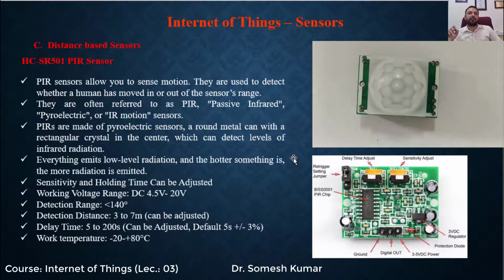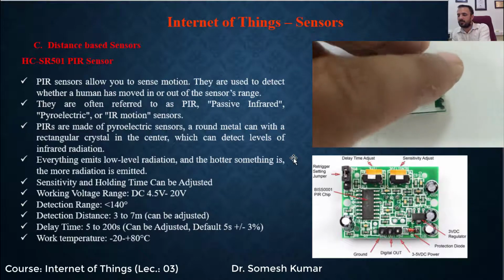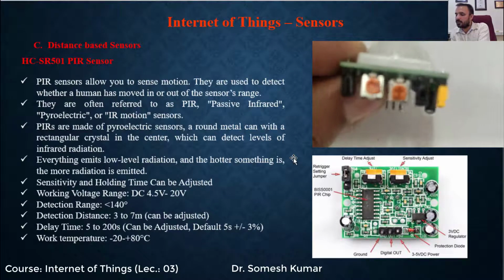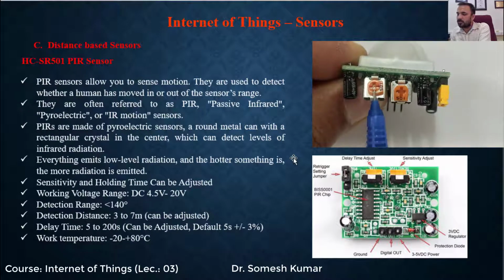Fine. The working temperature for this PIR sensor is -20 to 80 degrees Celsius, and the delay time is 5 to 200 seconds, and this delay time can be adjusted with this variable resistance. Fine, and the sensitivity can also be adjusted. So basically in the sensor there are two resistances, this one and this one.